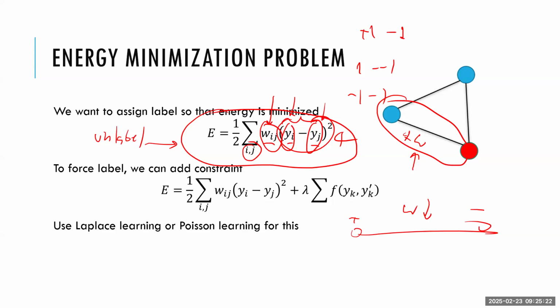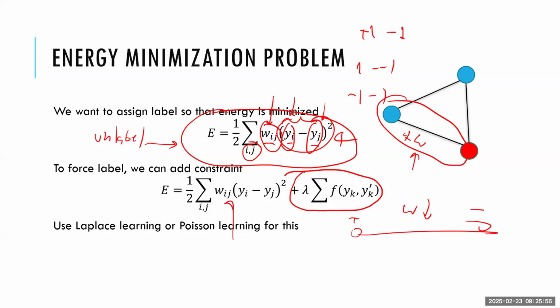But we have a small set of labeled data. So we have to have some constraint for those. And so we add this constraint. So the left side is the same, and then we add another term, plus lambda times the sum of the function between yk and y prime k. So what does it mean?